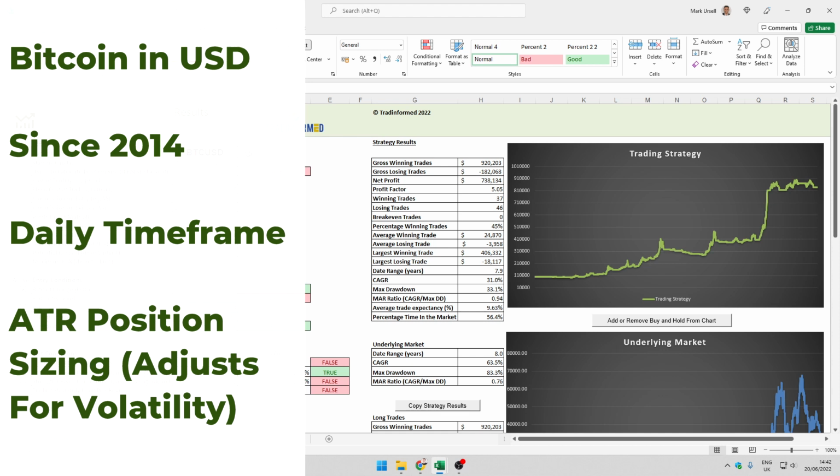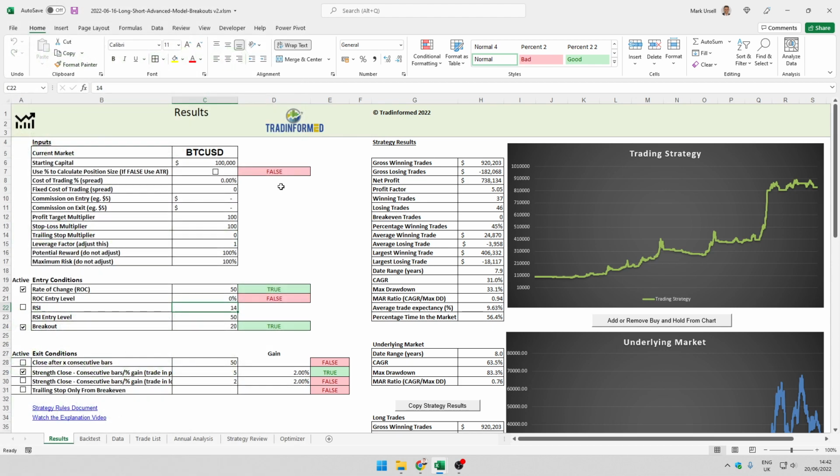Testing on the daily time frame, testing using the ATR based position sizes, and I will change this to percentage, and I will show you what a difference that makes. The reason I'm using the ATR to begin with is because it adjusts for volatility, and Bitcoin and cryptos in general are highly volatile. So we have an adjustment for that.